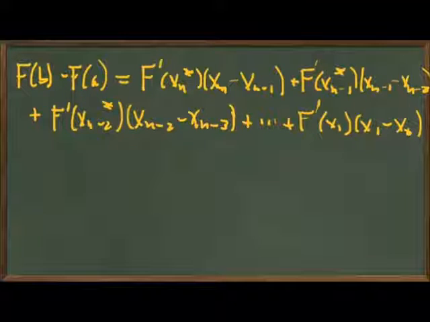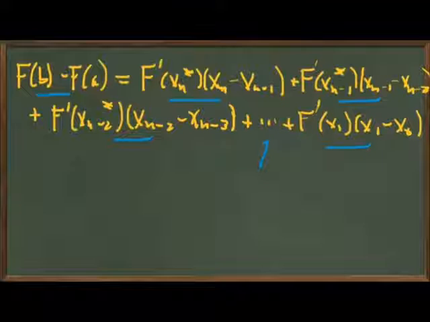So we've rewritten our original sum f of b minus f of a in this different notation using the mean value theorem notation for each one of these terms. And notice that we use this dot dot dot here, called an ellipsis, to designate that the pattern continues.